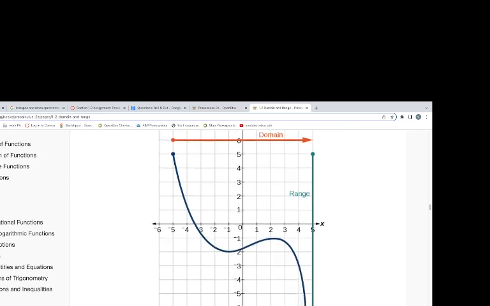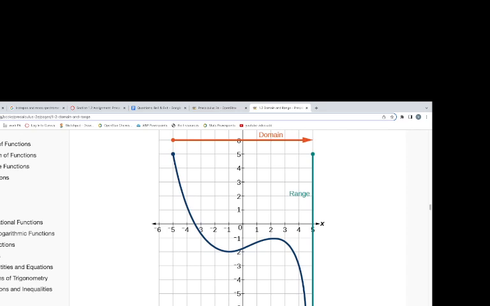So since the x-axis continues, but the domain has a certain stopping point on the negative side, then we know that -5 is the lowest number of the domain. The range also starts at 5.